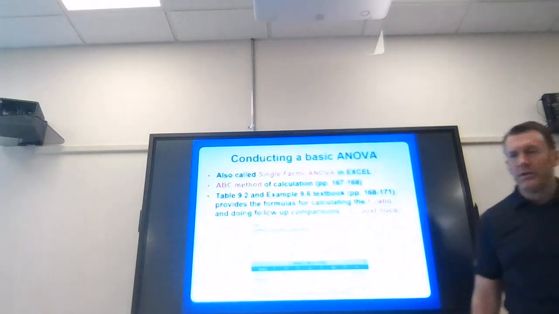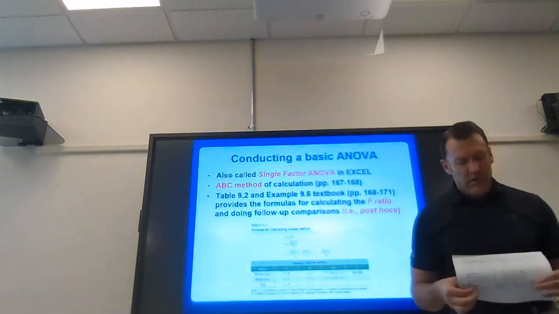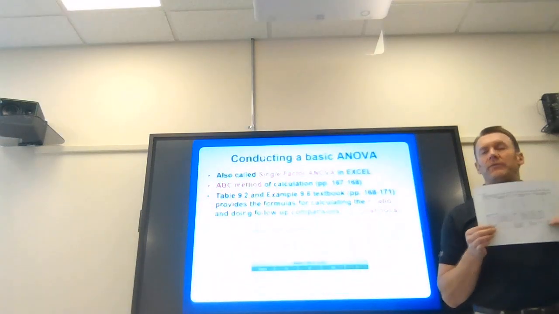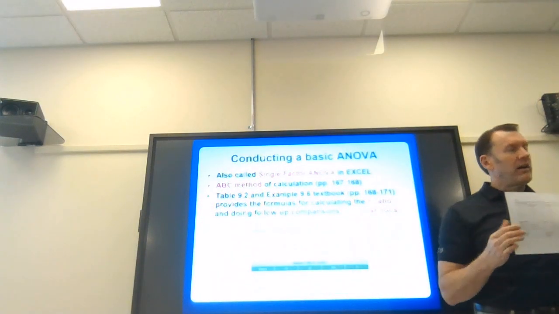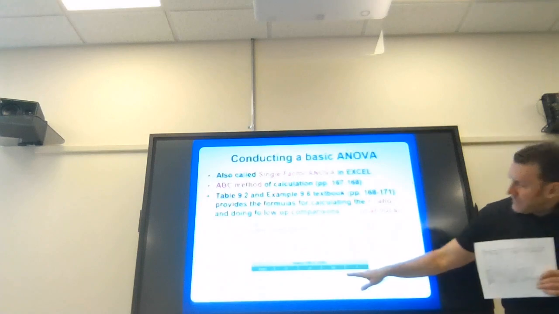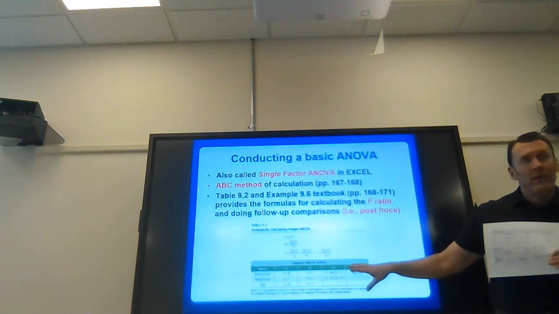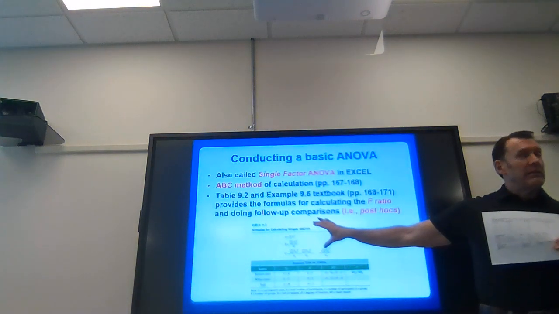All the numbers in this ANOVA table that we generated automatically are where they come from using this ABC method.